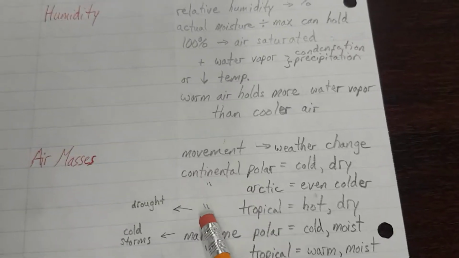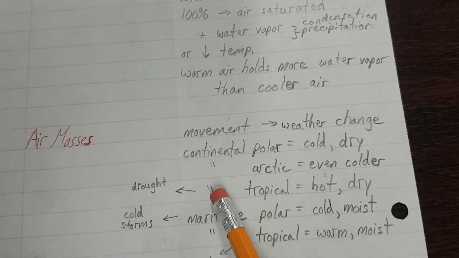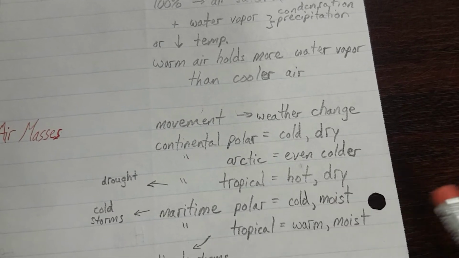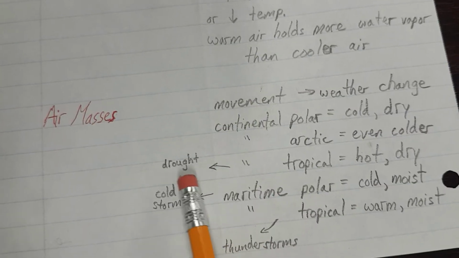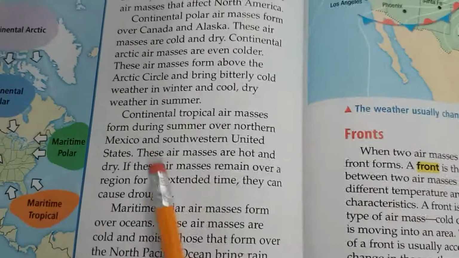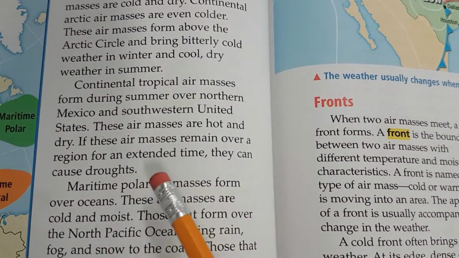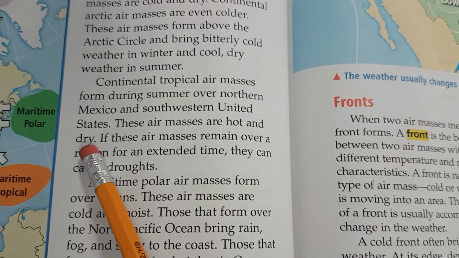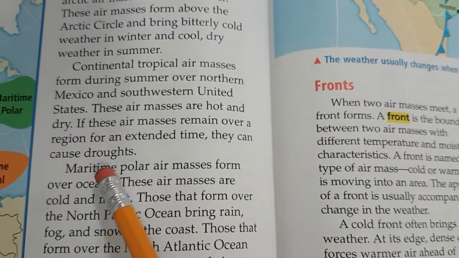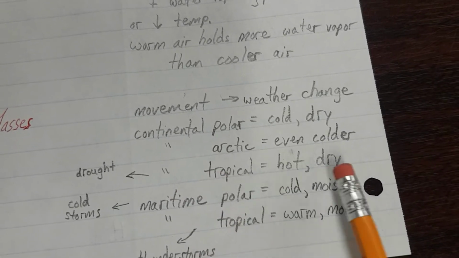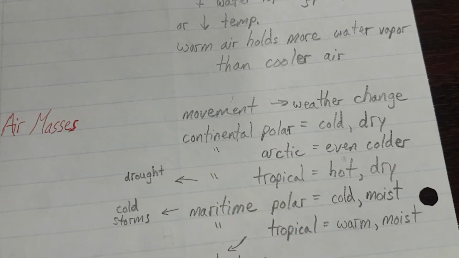Okay, so we're still using continental, but now it's tropical. Hot, dry. Arrow, drought. So continental tropical is hot and dry, and they can cause drought. Continental tropical, hot, dry, drought.